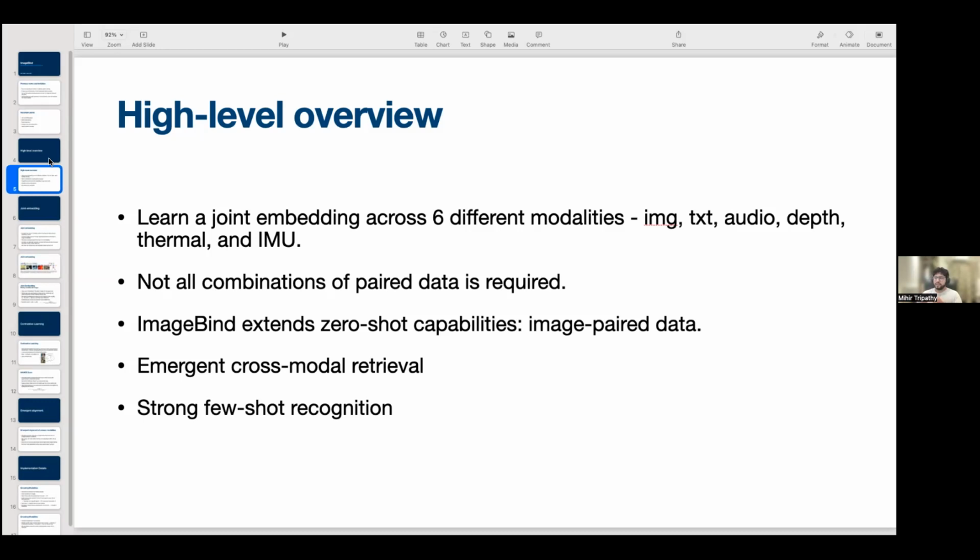This extends the zero shot capabilities in the sense that it leads to emergent zero shot capabilities. For example, if an image and another modality are trained together, and the same image and a second modality are trained together, then modality one and two are essentially aligned. And this is what the team observes while training it.